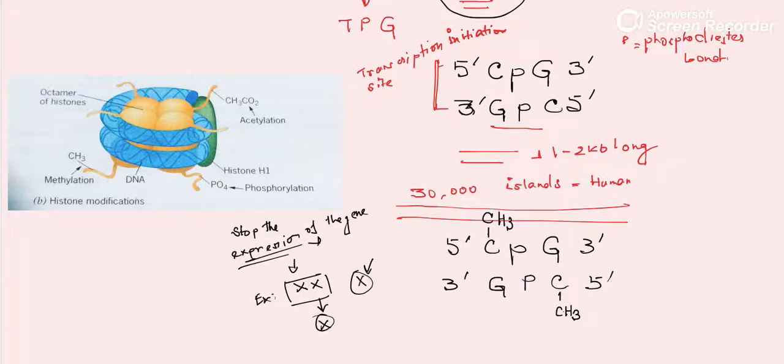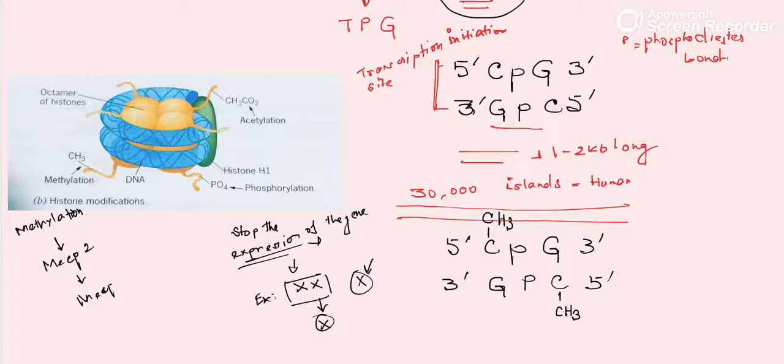During methylation, when the methyl group is added, MECP2 protein forms. This MECP2 protein is produced in a large amount, and it will compete with H1.